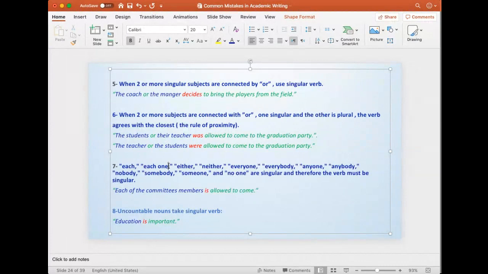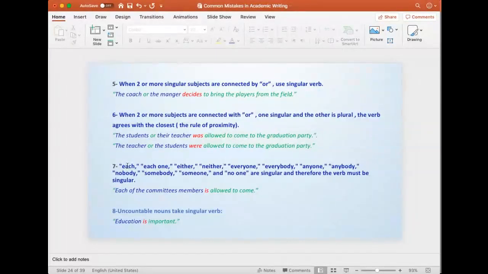And the last two cases I think we have here. Number 7 is each. We have certain words like each, each one, either, neither, everyone, everybody, anyone, anybody, etc. They are singular, and therefore the verb must be singular. All these have to follow this rule.